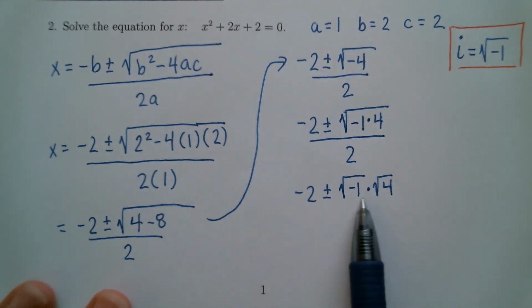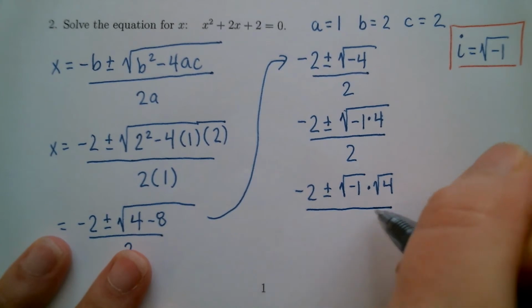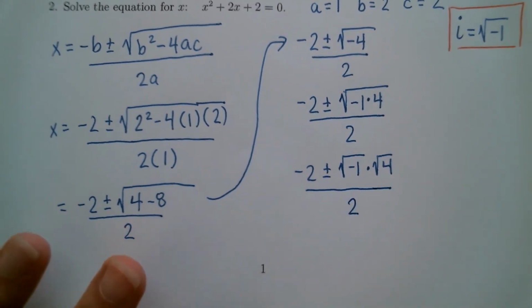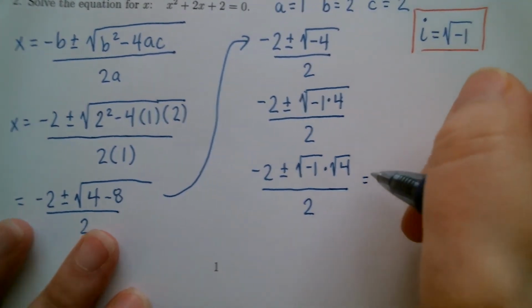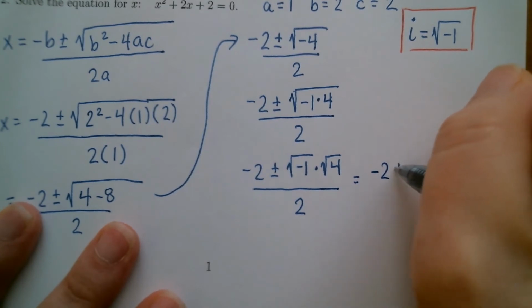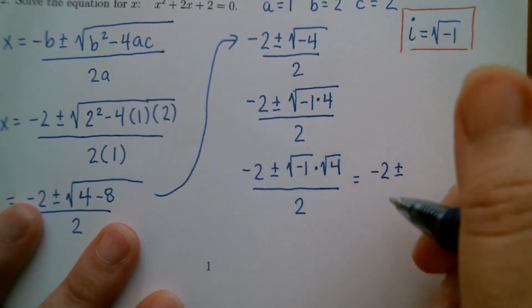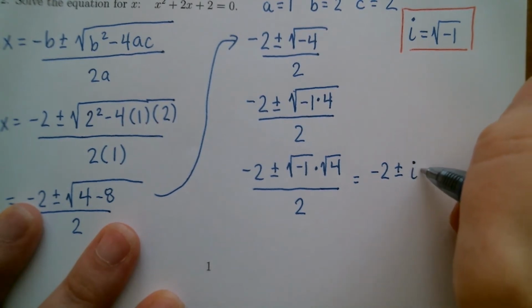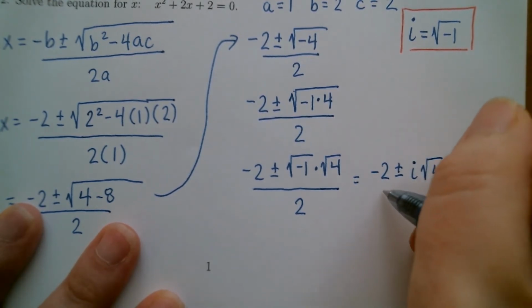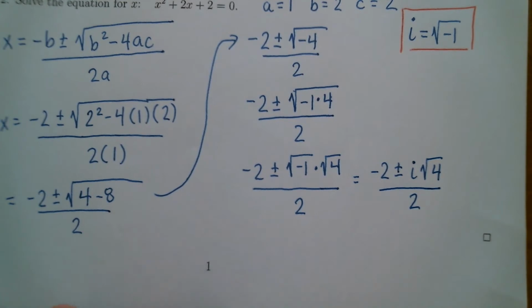Okay, so you can write it this way. The bottom is still 2. And then if we keep going, this is going to be negative 2 plus or minus the square root of negative 1 is i. So i times the square root of 4 over 2.